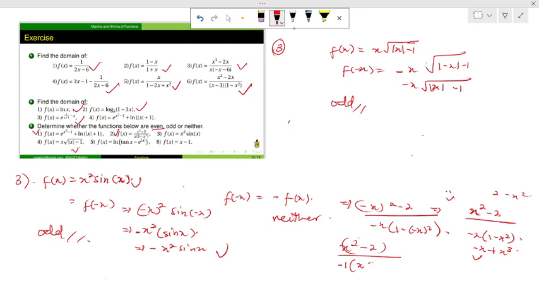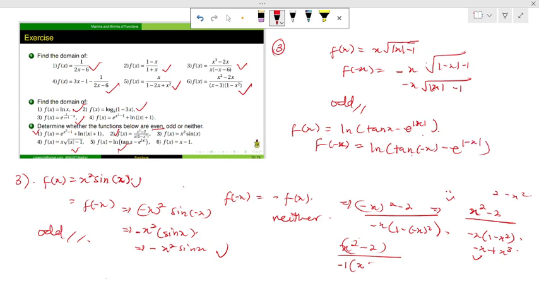Now let's see the fifth one. For the fifth one, I'm having f of x equal to natural log of tan of x minus e to the power absolute x. First of all, you consider the natural log, the tan, and the exponential function. You only have to find f of negative x. So f of negative x is natural log of tan of negative x minus e to the power absolute of negative x, right?